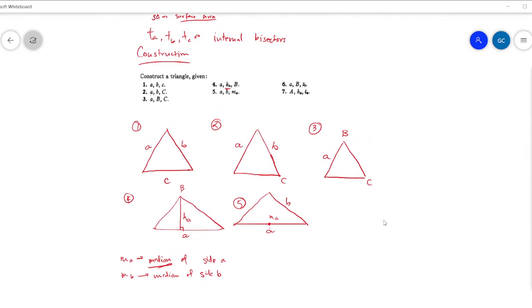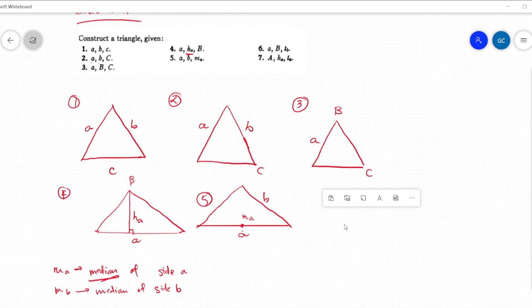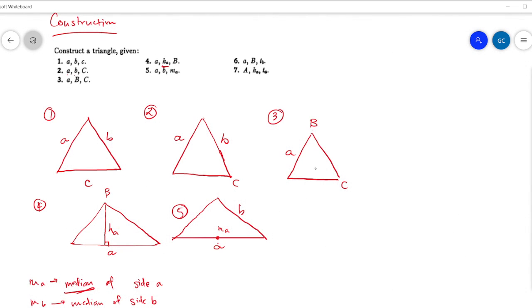For number 6, we need to write or draw a triangle with side A, vertex B, and an angle bisector B. Okay, so what we need to do here is just draw a triangle, draw a side, a vertex B, draw a side A, and we need to measure this angle of B. Then once we have measured that angle, we just need to draw a line in the middle of the measure of those angle.